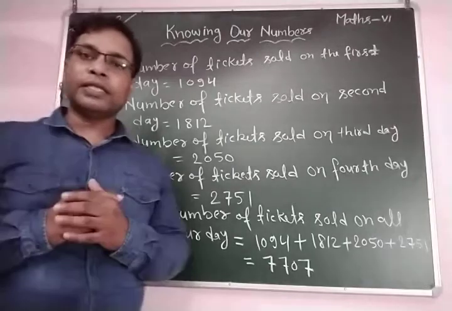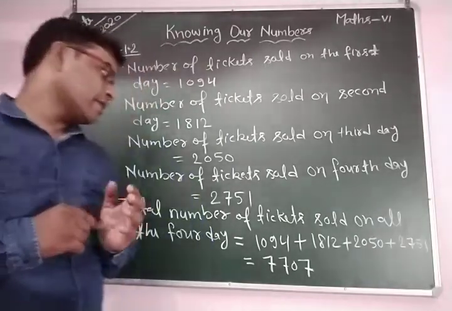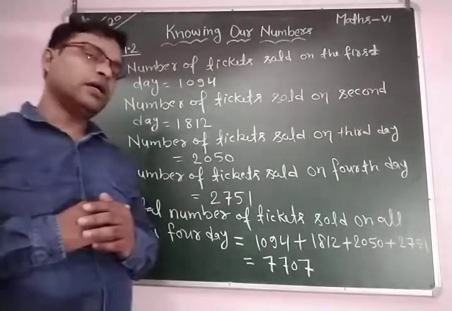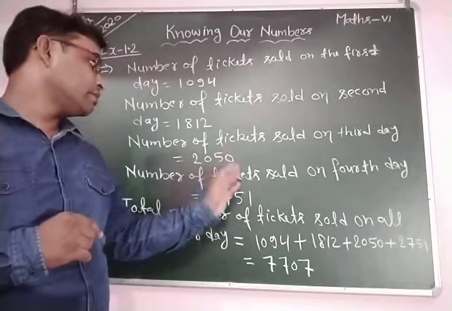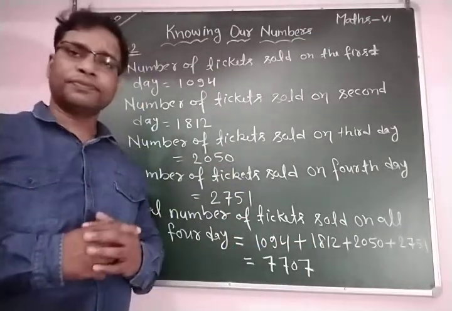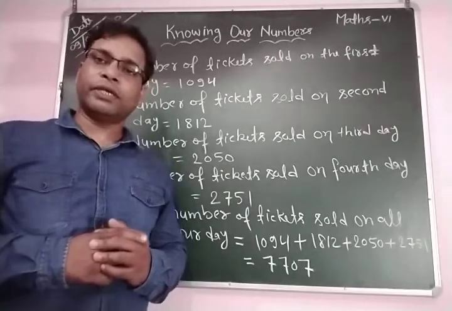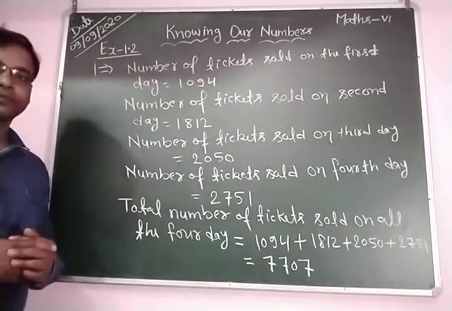Now we need to find the number of tickets sold in all 4 days. So we sum them, and their sum is equal to 7707. So student, I hope all of you understood this question.